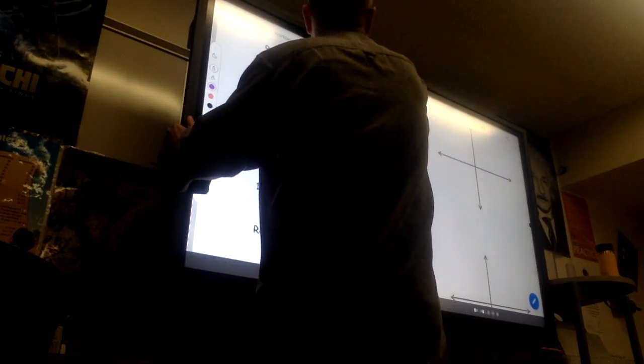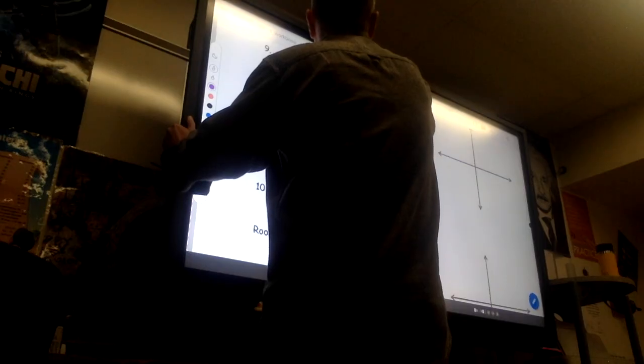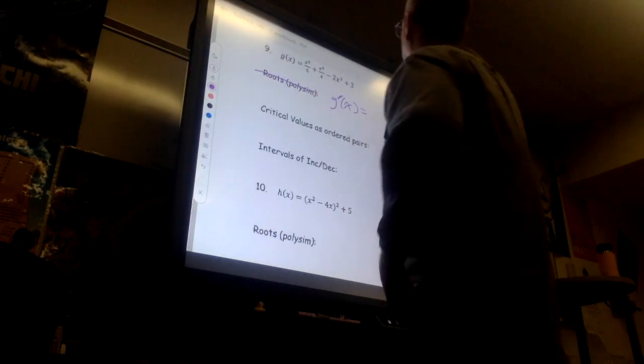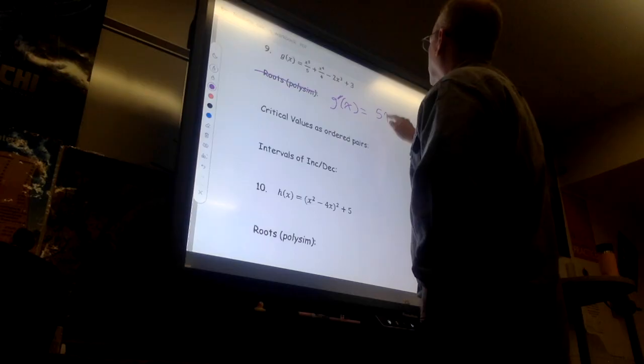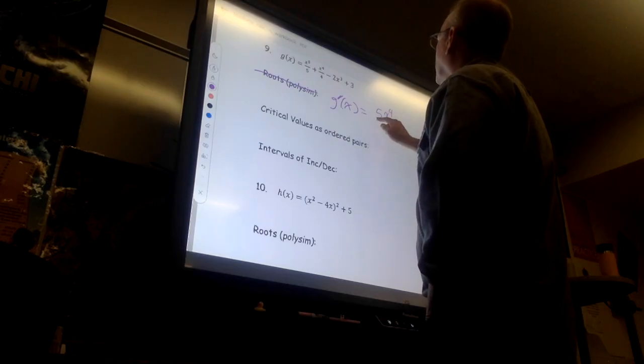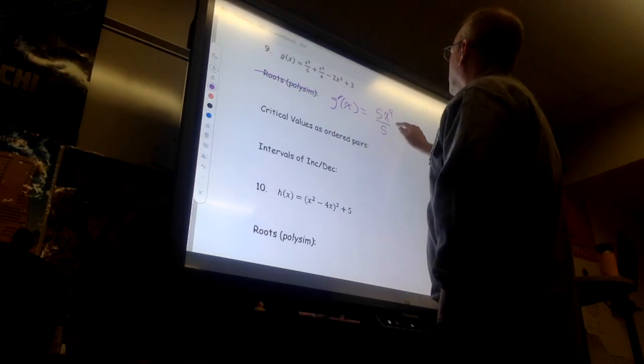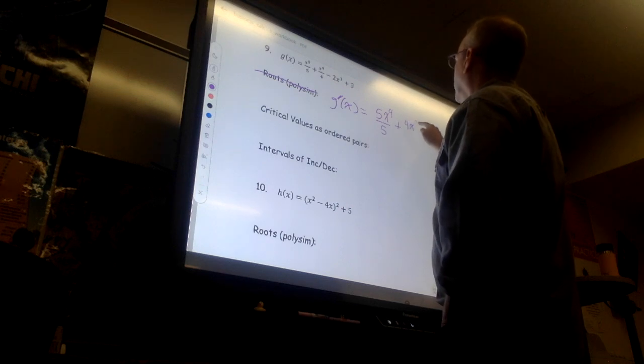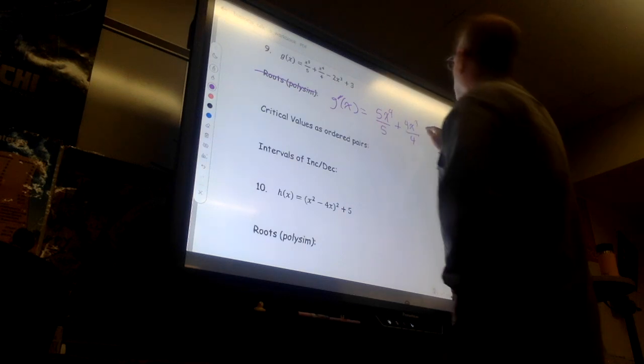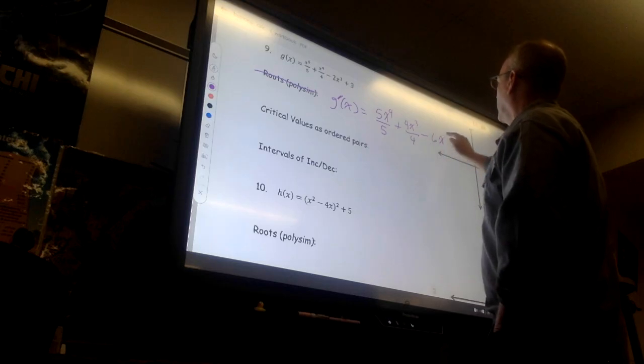All right, so let's figure out our derivative. So g prime of x, I'm going to get 5x to the fourth over 5 plus 4x to the third over 4 minus 6x squared.